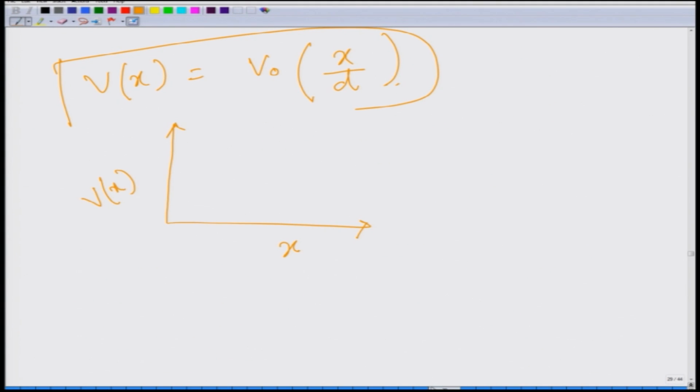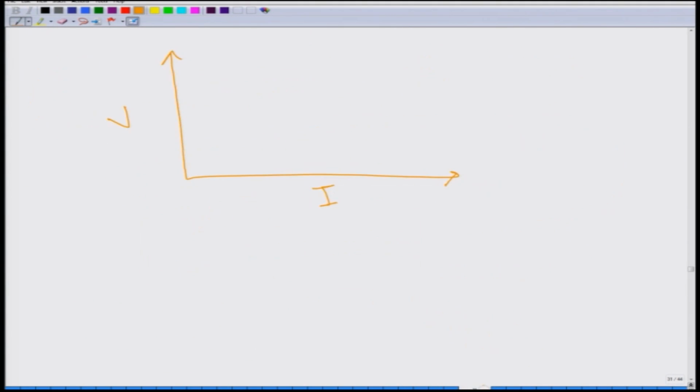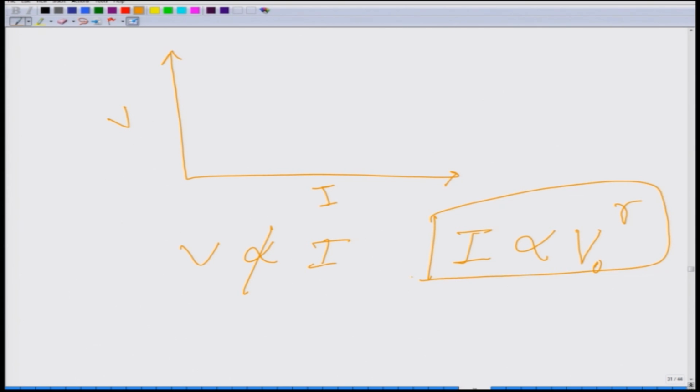Here what will happen is V is not proportional to I, but I can write I is V0 to the power of some other number, say gamma, where gamma is more than 1.